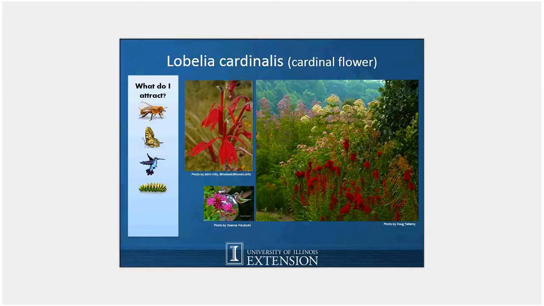They produce small seeds that are dispersed by wind. This one will actually take a little bit of light shade to full sun. When I say light shade, I mean that morning sun is enough to get nice blooms on this. Moist conditions, like Martha said.